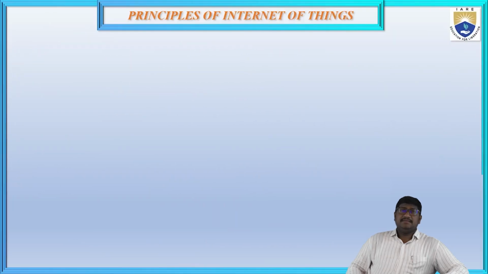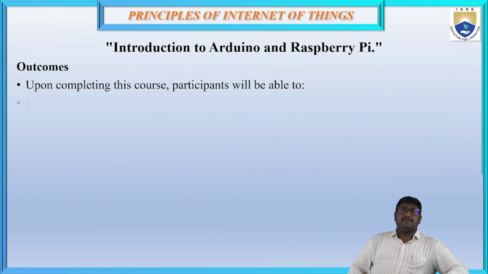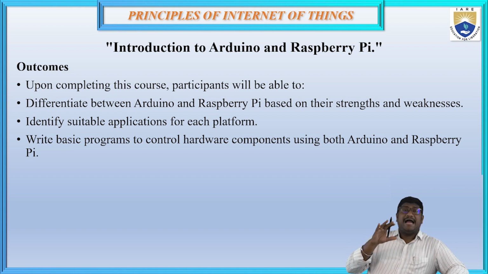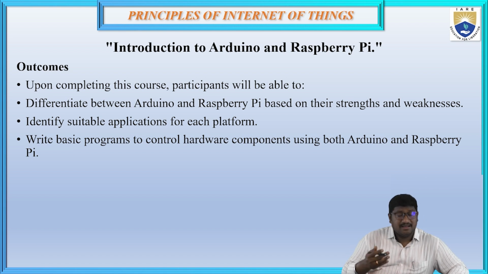What are the outcomes to be achieved after successful completion of this topic? After completing this course, we are able to differentiate Arduino and Raspberry Pi Kits based on their strengths and weaknesses. We are able to identify the suitable application for each platform individually.